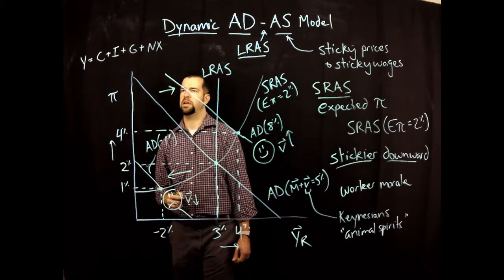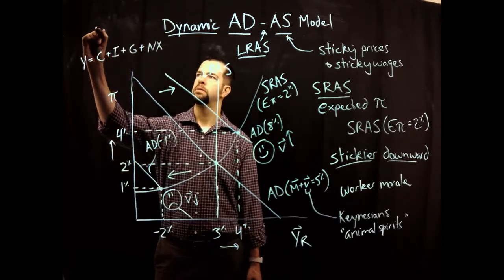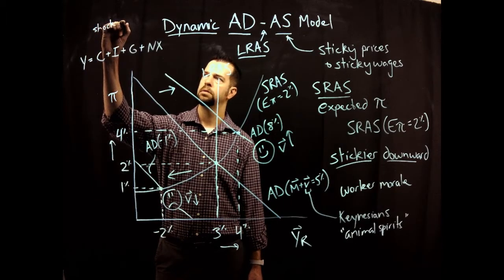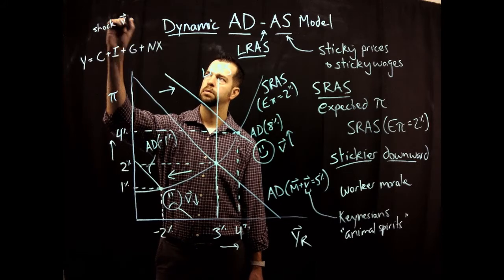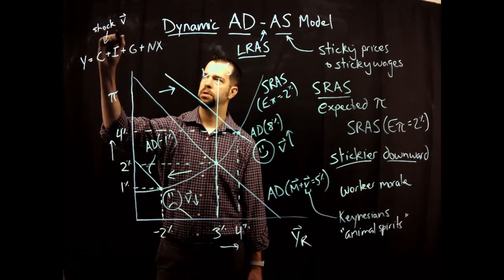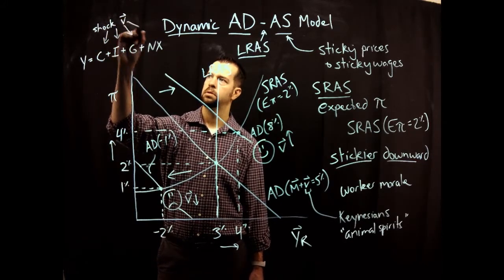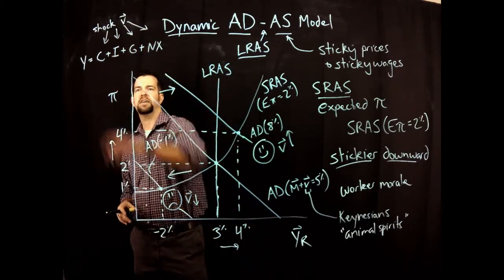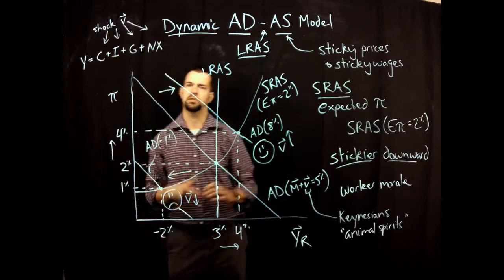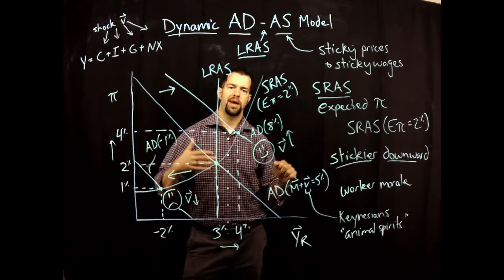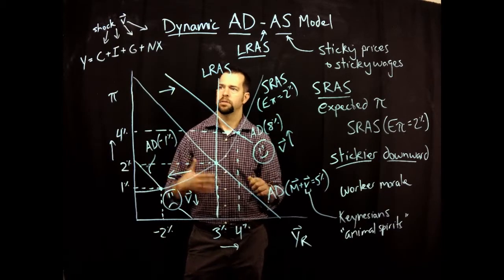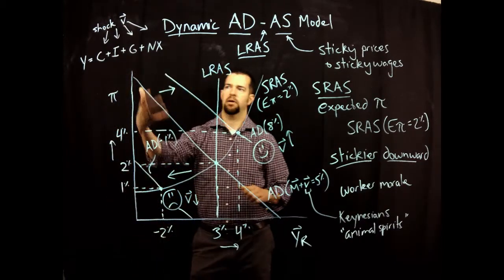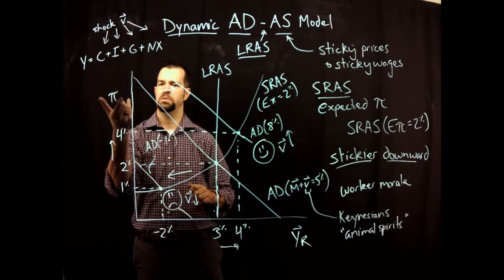So a shock to V could come from any one of these components. Usually it starts in an investment shock. Say there's a stock market crash or an asset bubble pop, such as the housing market. And that would cause a decrease in investment, and then that would also cause a decrease in consumption spending.